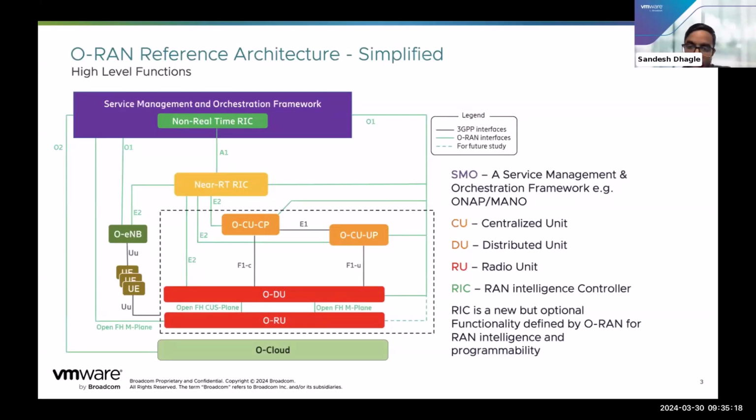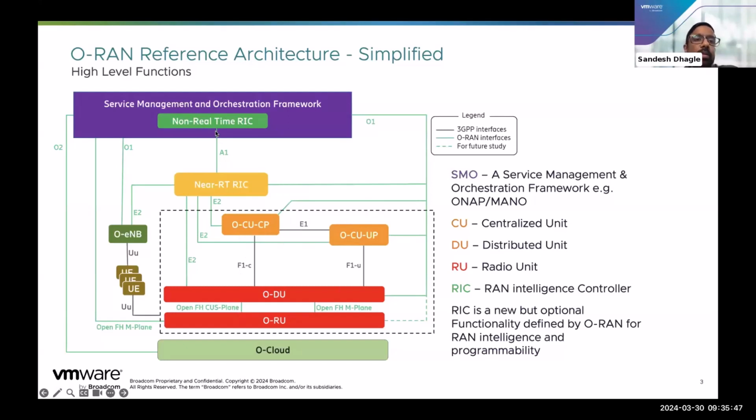So just a quick refresher on the RAN architecture. The thing that I would like to highlight here is that in the SMO framework we have the non-real-time RIC, and the near real-time RIC is an independent component, and the non-real-time RIC is not directly connected with any of the further RAN components.